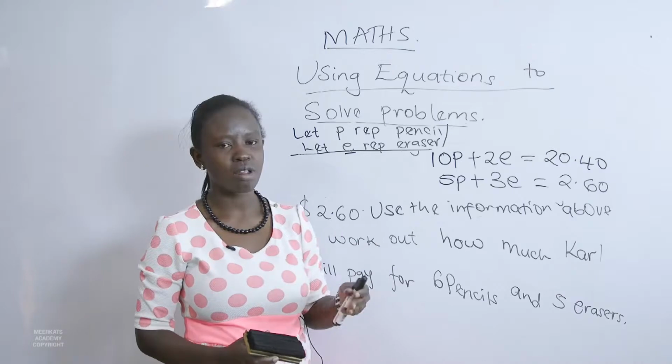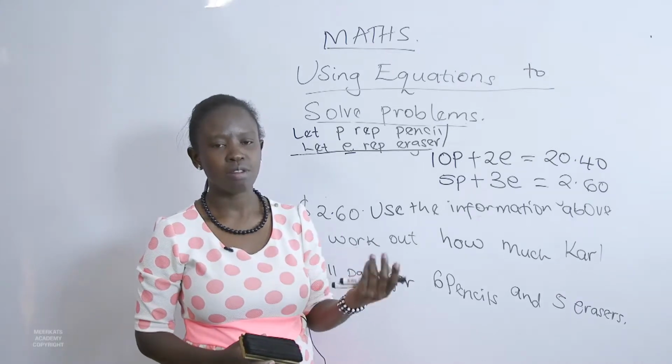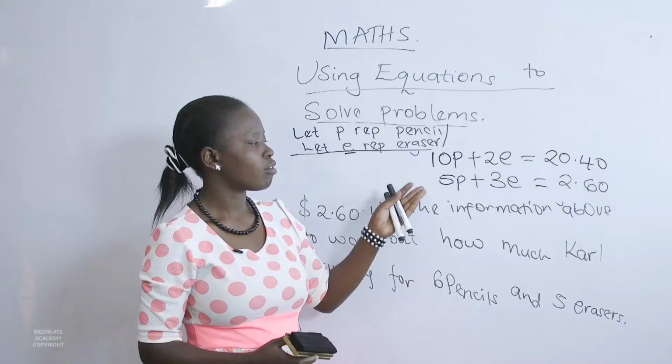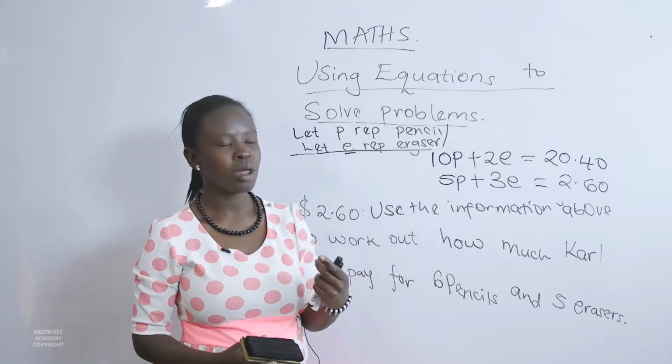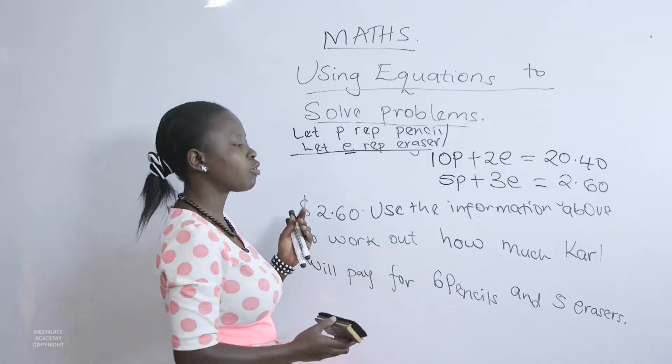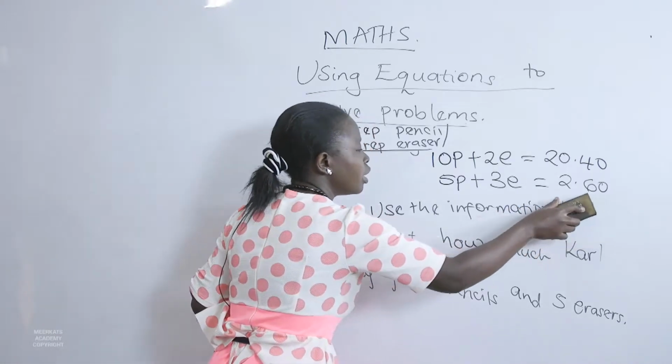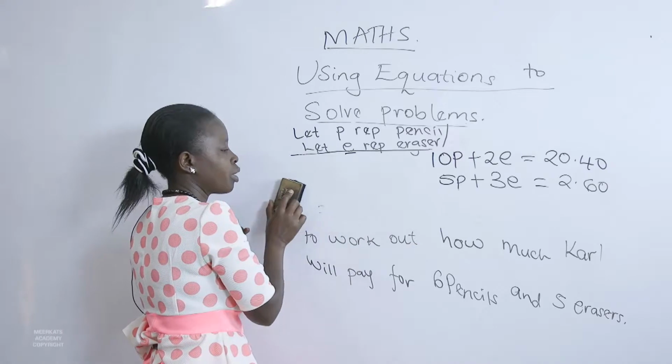We have 2 ways in which we can solve the simultaneous equations. We have either the substitution method or the elimination method. Whatever method you opt for, it should give us the same value.